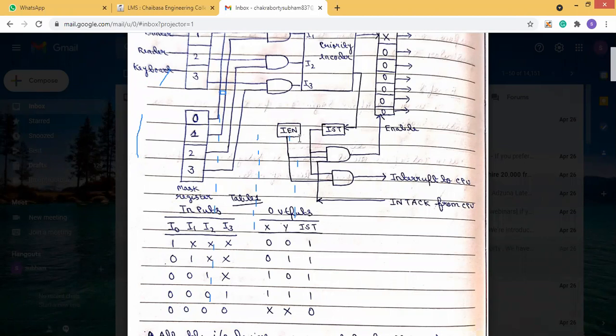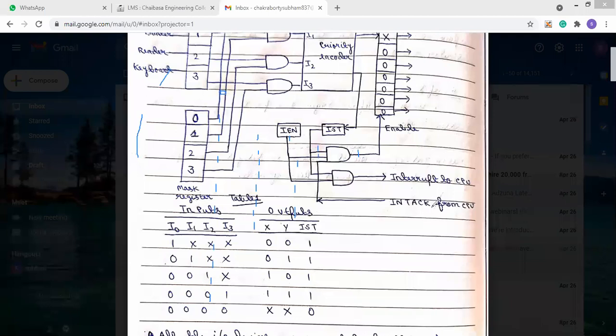Okay, so now in this case, if IEN and IST both have value 1, then as an AND gate, its output will be 1 into 1. So interrupt will be enabled, and interrupt will also be handled by CPU.